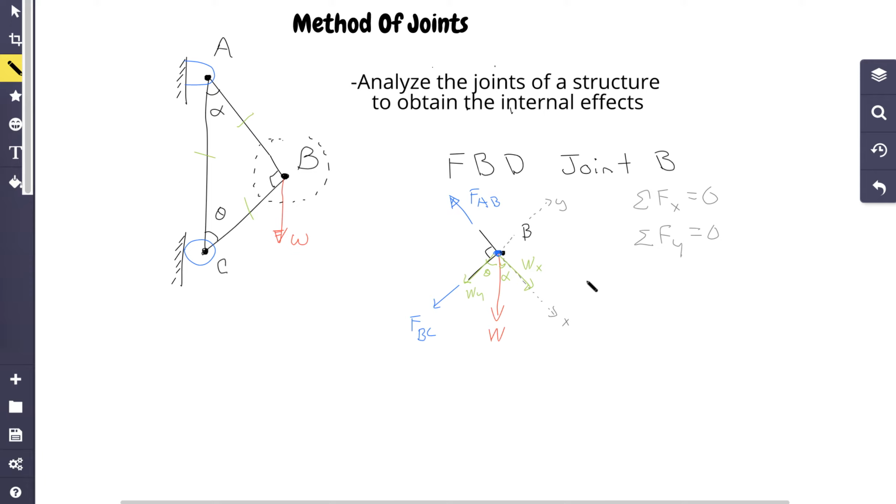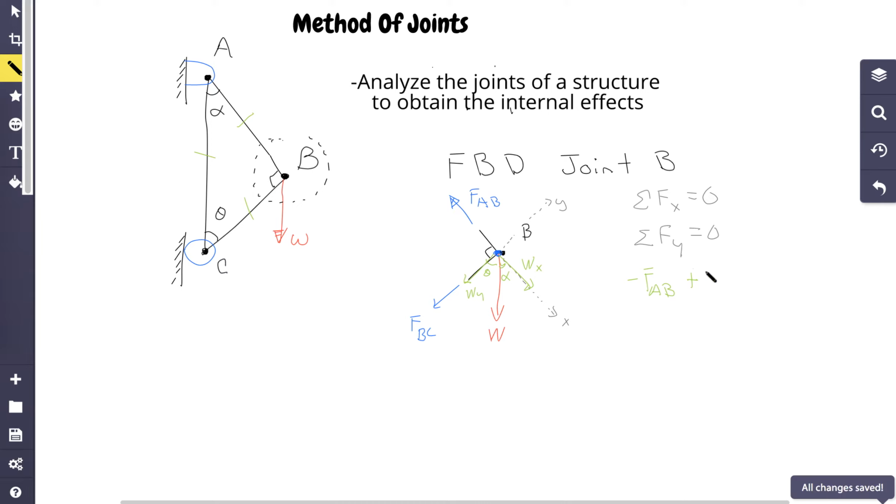So let's take the sum of the force in the x direction first. So we have negative FAB, right? Because that's the only thing in the x direction, no other internal load. But we also have an applied load, and that is going to be plus this WX.